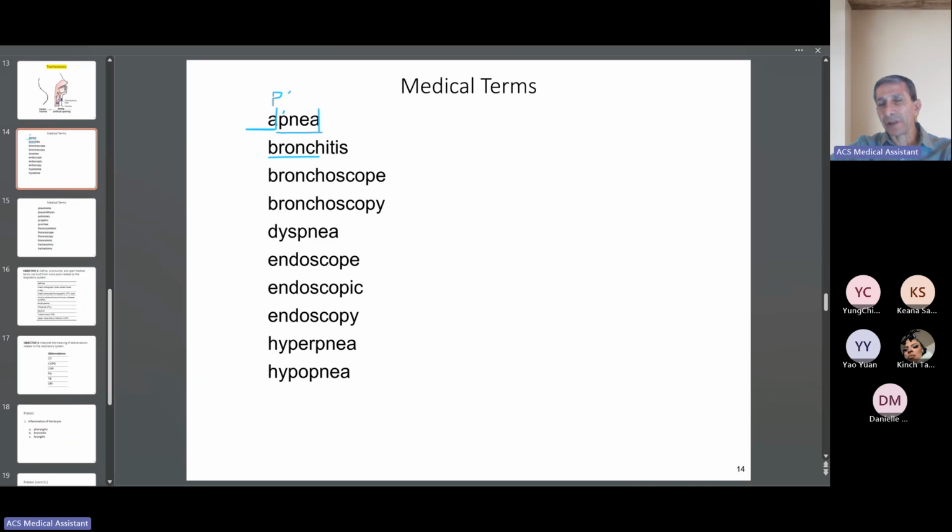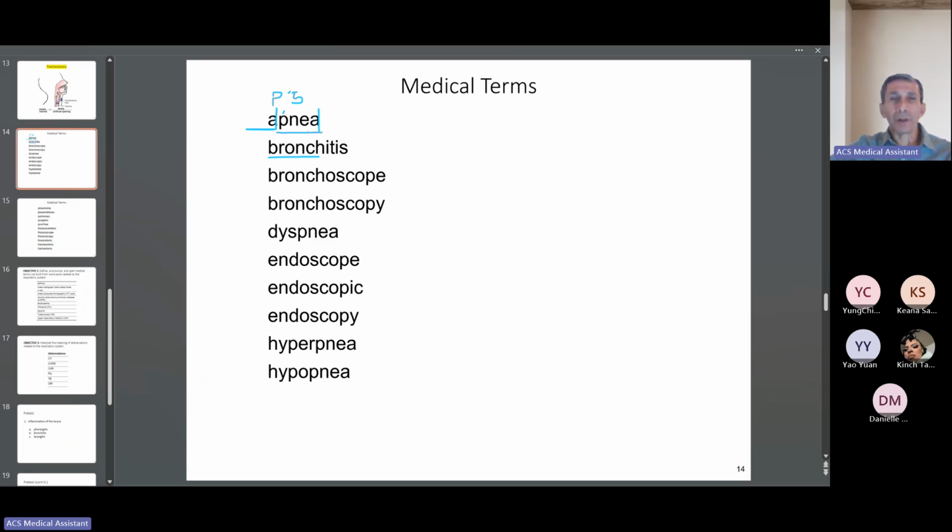So it is an adjective, so we're going to put it as a suffix. So right here we can see nia means, in this case, breathing. So apnea or apnea means no breathing.